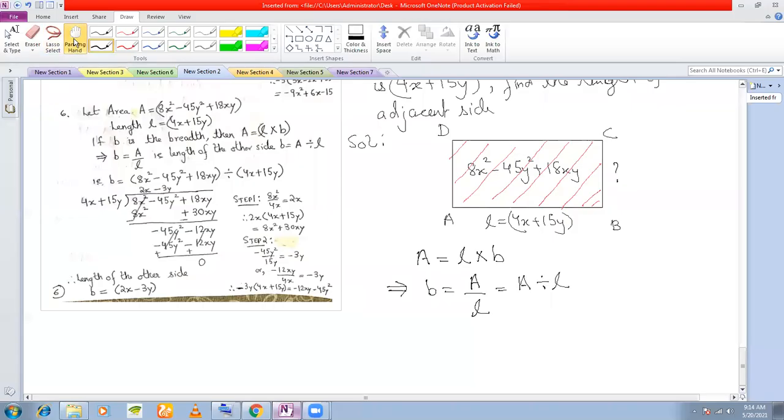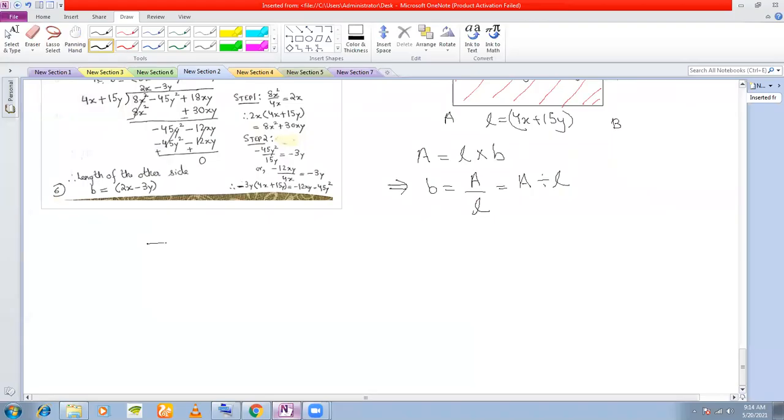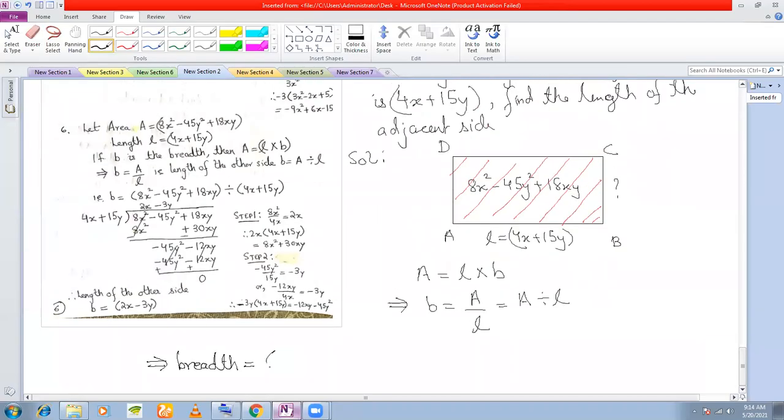So in this case, what is the area given here? Area given here is 8x square minus 45y square plus 18xy, divided by the length. The length here we have taken as 4x plus 15y. So we carry out the division.